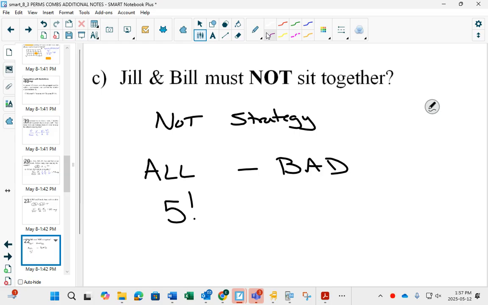But the bad ones we counted in part A. In part A, we counted that there was 48 ways that Jill and Bill were sitting together with the grouping strategy. Does it make sense if you take all of them and take all the ones where they're sitting together, the ones that would be left would be all the ways that they're not together. So this is 120 minus 48.